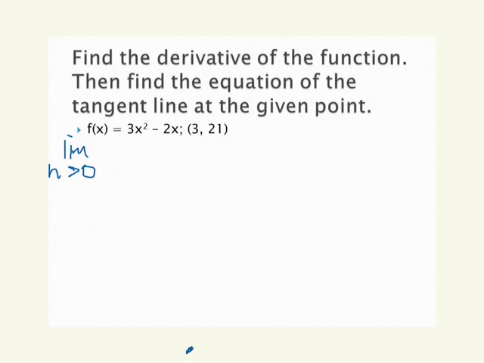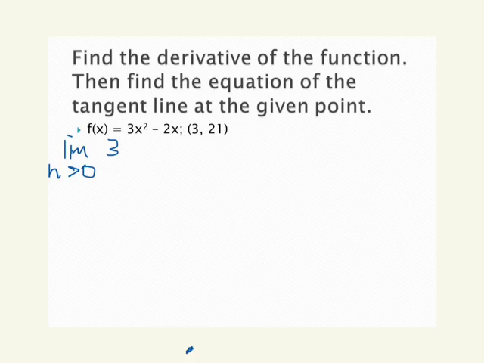So the first thing we need is f of x plus h. A reminder, when we're finding f of x plus h, we're taking x plus h and plugging it in anytime we see x in the original function. So f of x plus h is going to look like this.